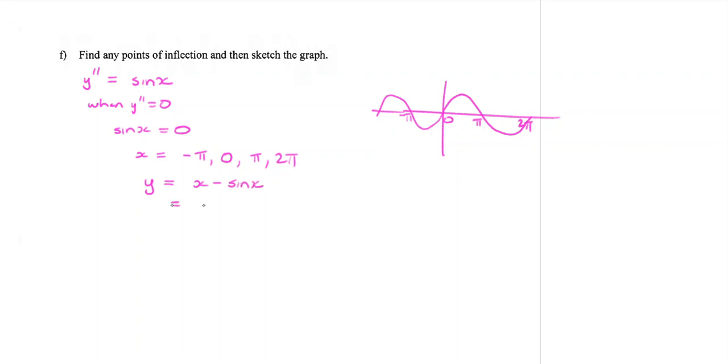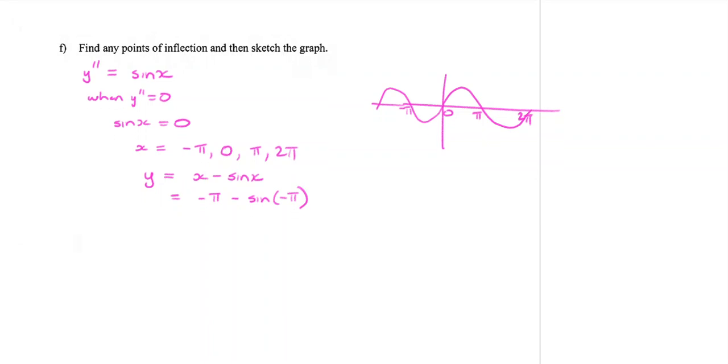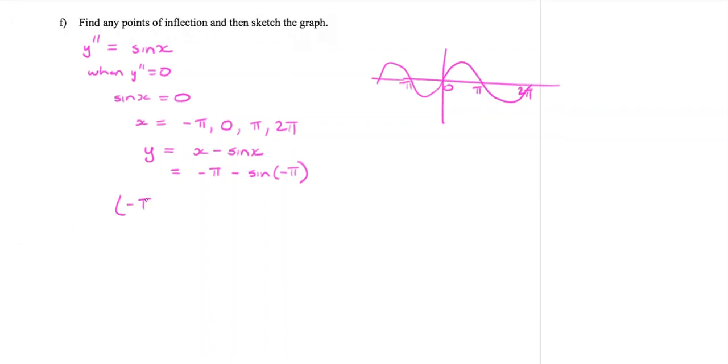So I want to put in minus pi, sine of minus pi. Just do it on your calculators. What does it equal? It's minus pi. So my first point is minus pi, minus pi. Guess where the next one is? Put 0 in. It's 0, 0, yes. Where's the next one? Pi, pi. Where's the next one? 2 pi, 2 pi. Etc. This is the best graph you'll ever see.